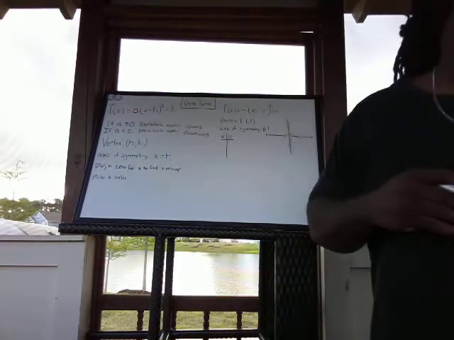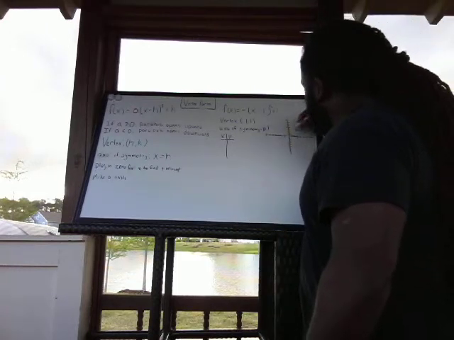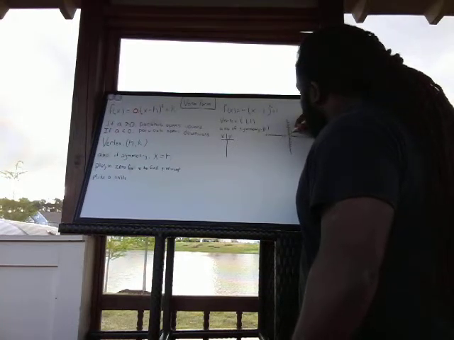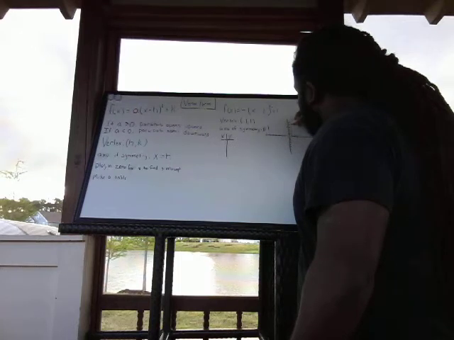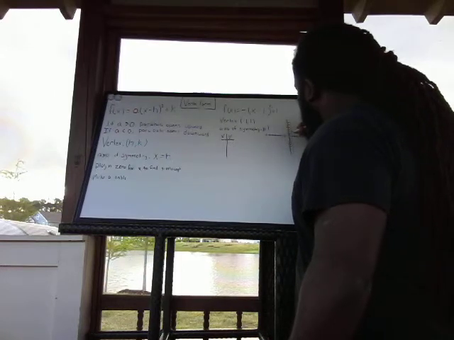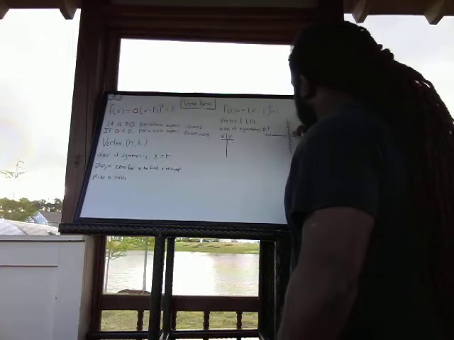So now we have our axis of symmetry, and we can go ahead and draw our axis of symmetry line through our vertex. All right, remember that vertex is 1, 1.